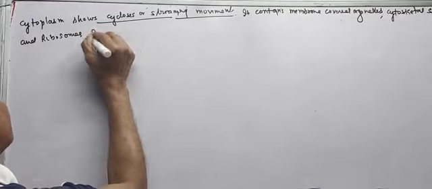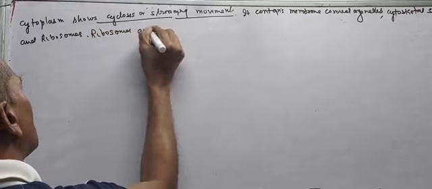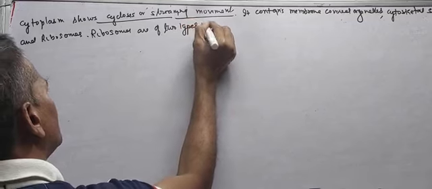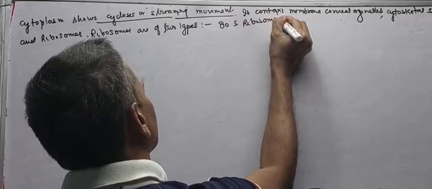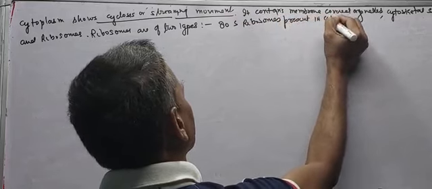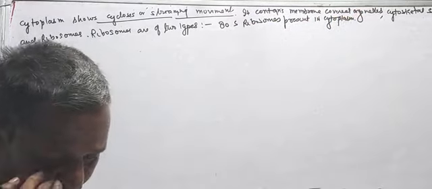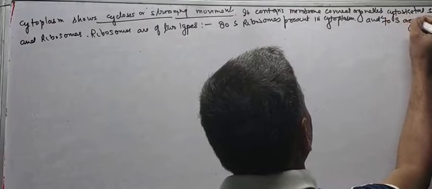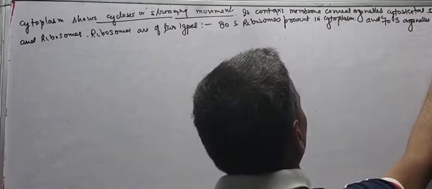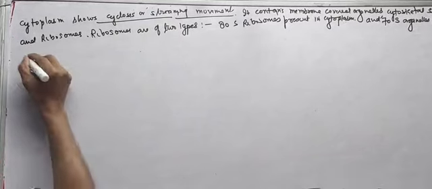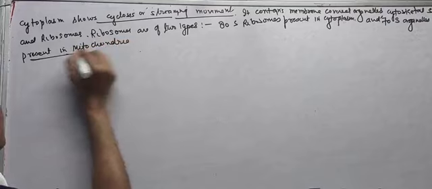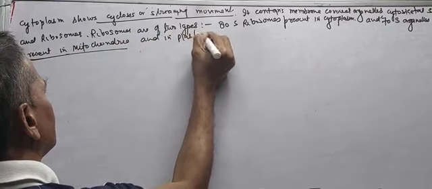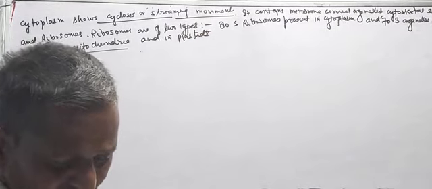Ribosomes are of two types: 80S ribosomes present in cytoplasm and 70S organelle ribosomes present in mitochondria and plastids.